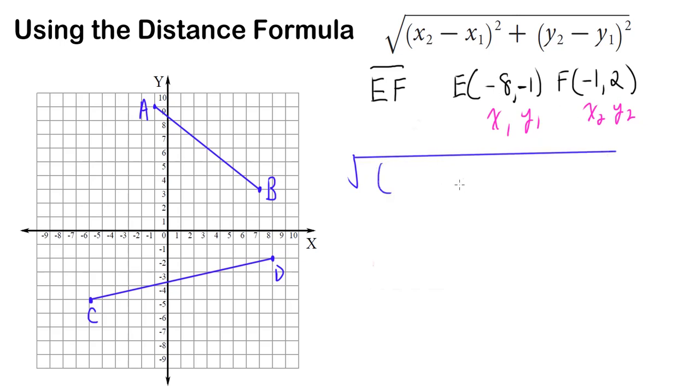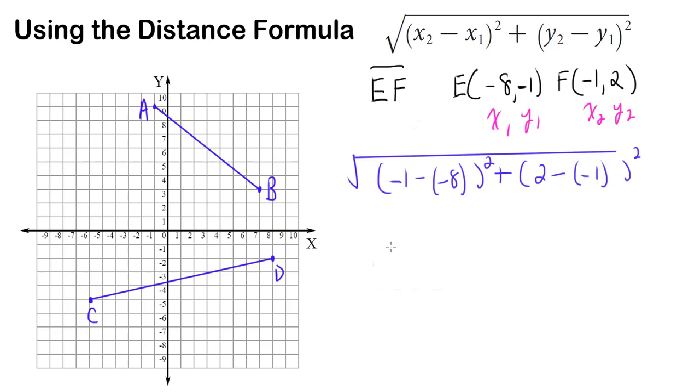So x2 minus x1 squared plus y2 minus y1 squared, and we're going to plug this in. We have x2 is -1 minus x1 is -8, and y2 is 2 minus y1 is -1.